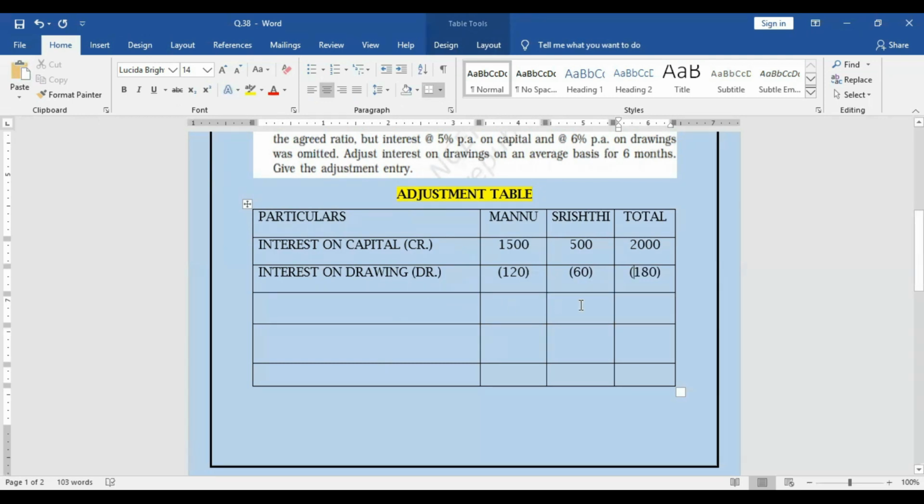So the right distribution for Manu is 1,500 minus 120. The right distribution of profit has to be credited.